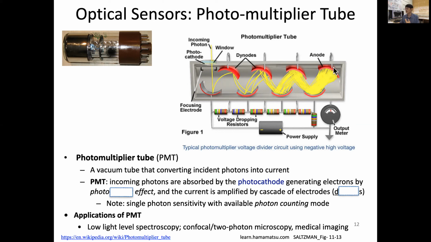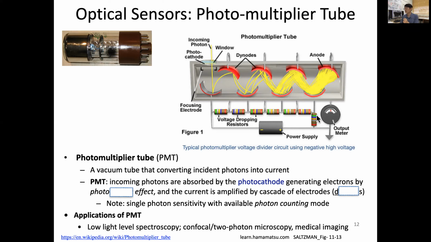And you can see how we can make this, let's say, 100 volts higher each stage, reaching an enormous multiplication, which is about 10 to the 5th to even 10 to the 8th, like 100 million times higher number of photoelectrons to create a current. So the PMT is a vacuum tube that converts the incident photons into current.